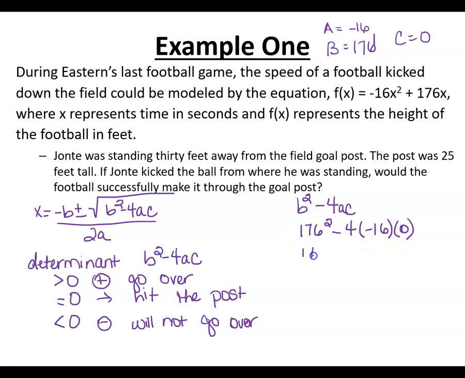That will simply be 176 squared minus 0, which is 176 squared, and without even doing the calculation, we know that anything squared is always positive. Since that is about 39,400, which is positive, we can say that the ball will go over the goalpost.